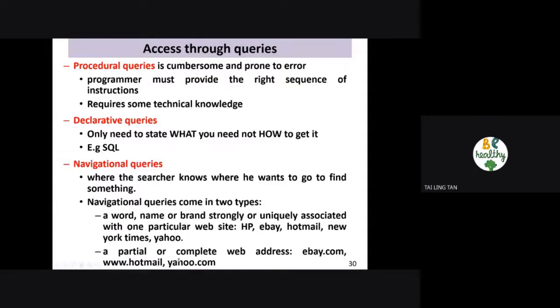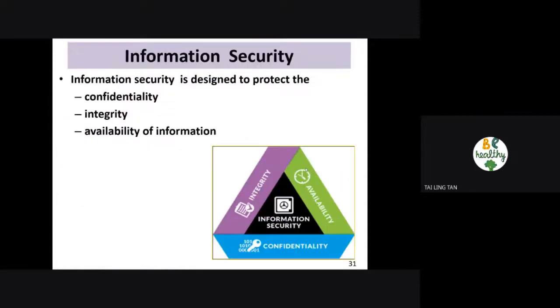The second part is a portion, just a part of the keyword, let's say ebay.com or www.hotmail. There's no .com here, but it will help you to fulfill the rest of the keyword. Okay, so this is how we are going to access this query.